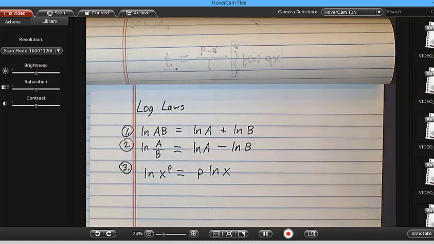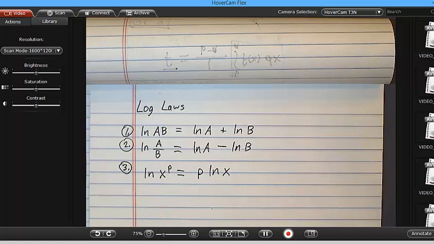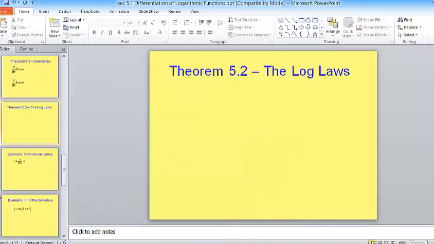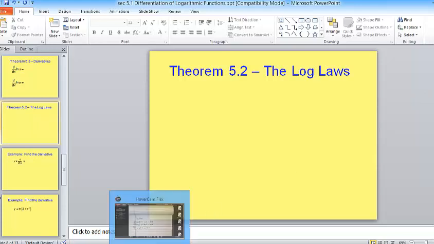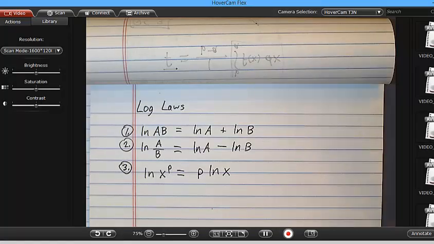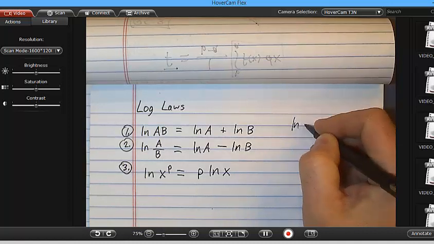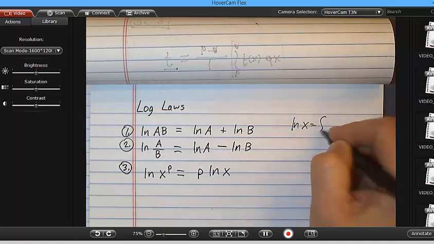Now, one question you might have is, where do these log laws come from? By the way, how many are familiar with these log laws from another class? Let me ask that. Okay, fine. But here's the thing. In the other class, they didn't tell you that the log was some area function, right? They did not say natural log of x is an integral.